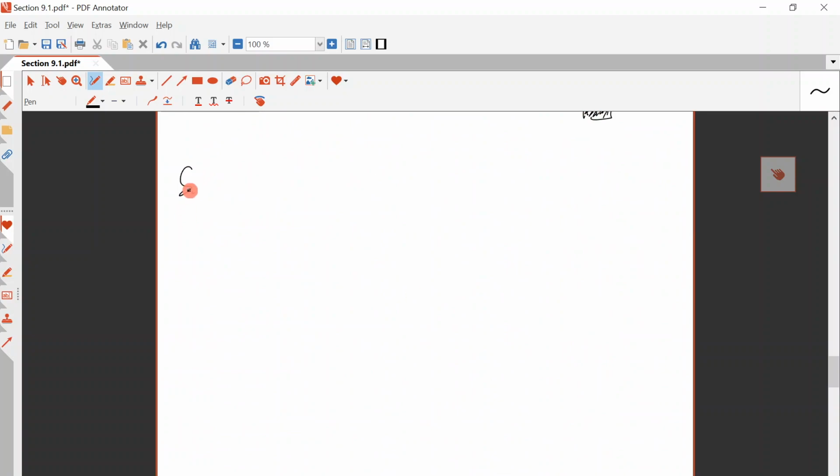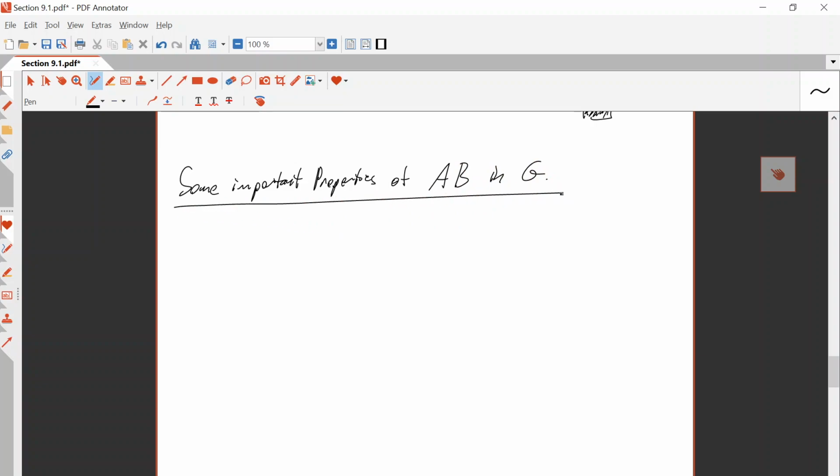So, some important properties of the product of two sets in G. Okay? Property number one. So we've been talking about this for a little while now, and now we're going to have a conclusion.